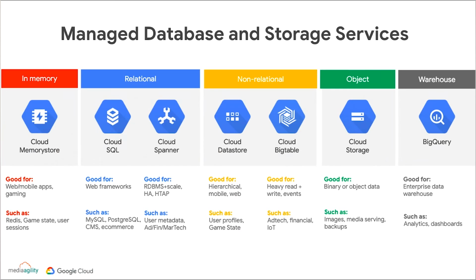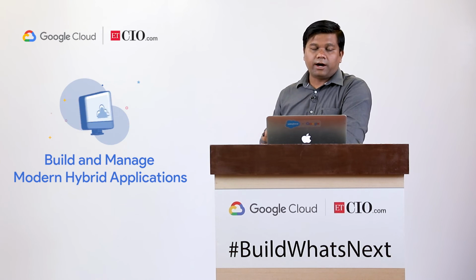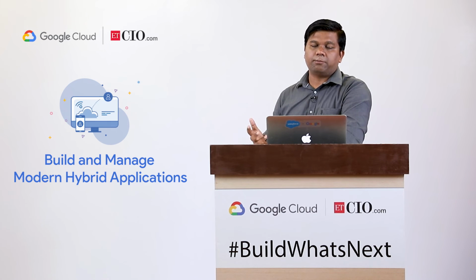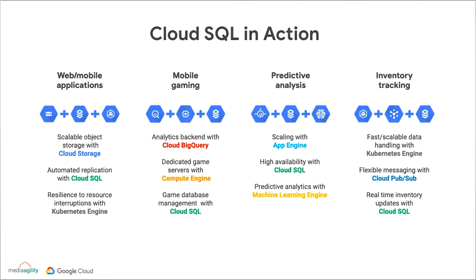There are different databases that Google Cloud offers, right from in-memory stores to relational versus non-relational and object storage. So I have a very big variety of databases that you can choose from depending upon the business use case. Let's look at where each of these fits in.